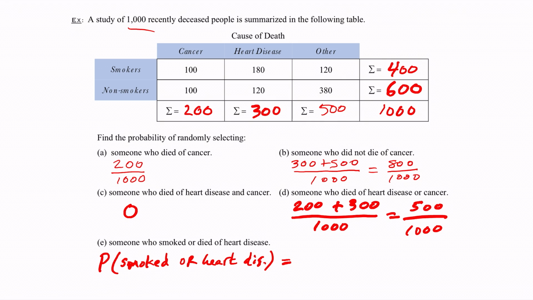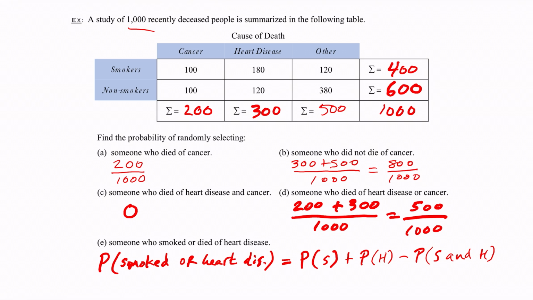So we have the probability that somebody smoked. Here, I'll just give that an S. Plus the probability that somebody died of heart disease. Denote that event with an H. Minus the probability that someone both smoked and died of heart disease.